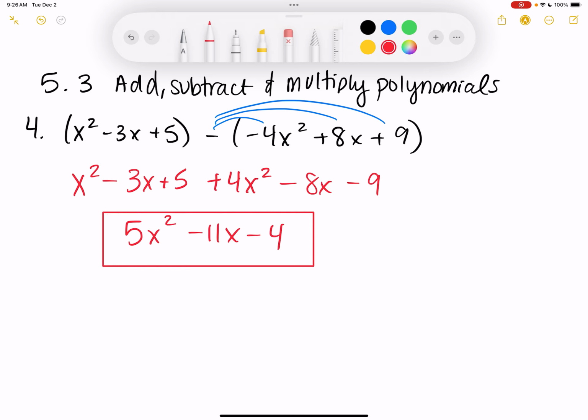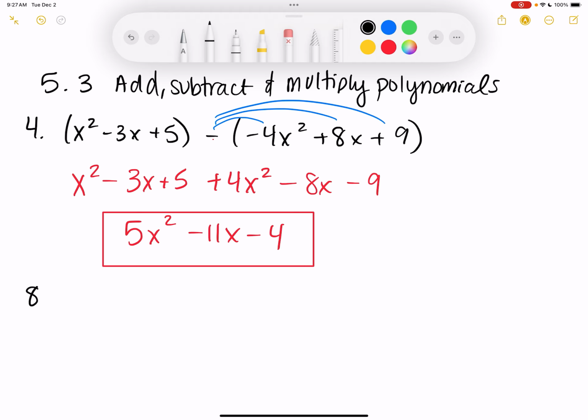Now, if you can do it by just saying, okay, x squared minus a negative 4x is 5x squared, you're welcome to do that. That's what I normally do, but I'm worried that you're not going to remember to distribute it to everything, especially if you don't have a term like over here. If one of the terms was missing over here, you wouldn't remember to do minus whatever is over here. So just make sure you're careful with that.